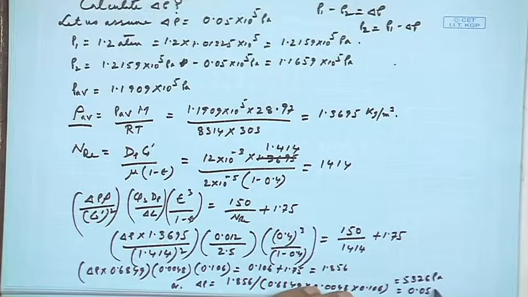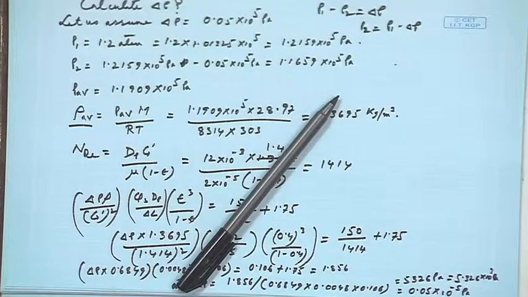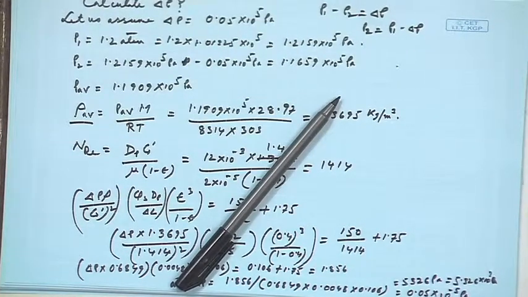Now that can be written as equal to 0.05 into 10 to the power 5 Pascal, right? So this means that we have shown that delta P, which we assumed to be 0.05 into 10 to the power 5 Pascal, here also by calculation we have made that to be equal to 0.05, right?